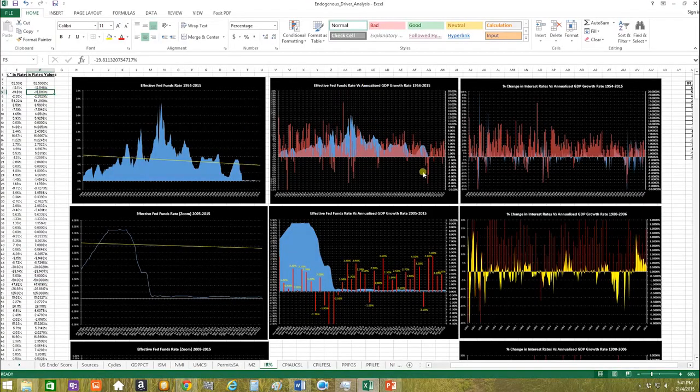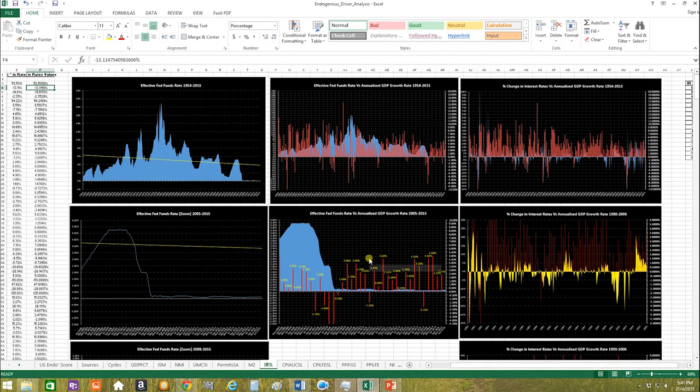And in the middle section, we have the effective Fed funds rate, so the nominal interest rate, versus annualized GDP growth. So since 1954, going all the way back up until present day, we measure interest rates versus real annualized GDP growth, the growth rate.